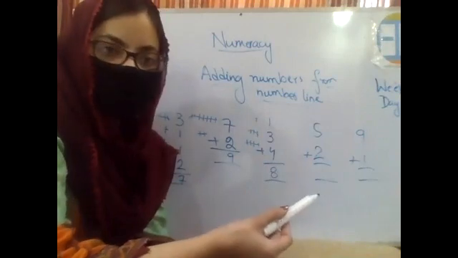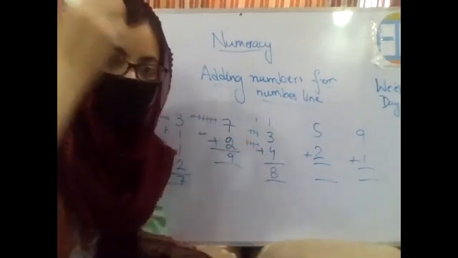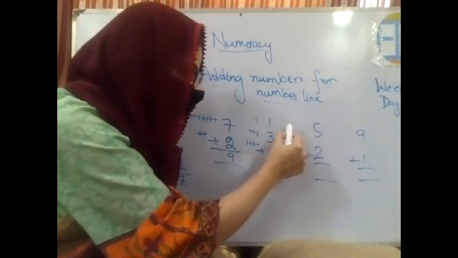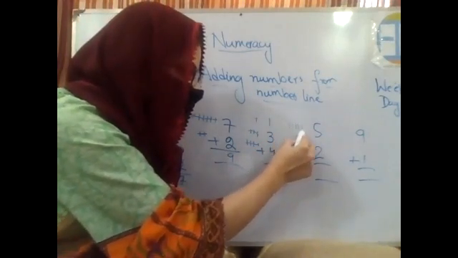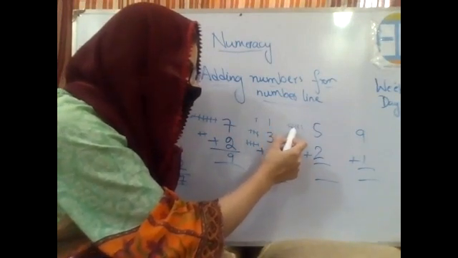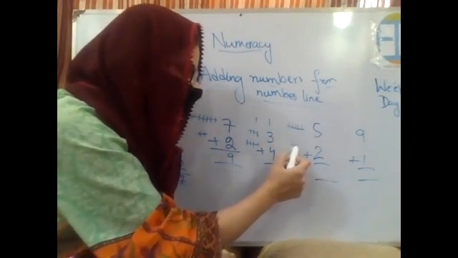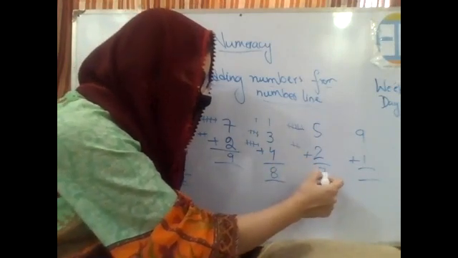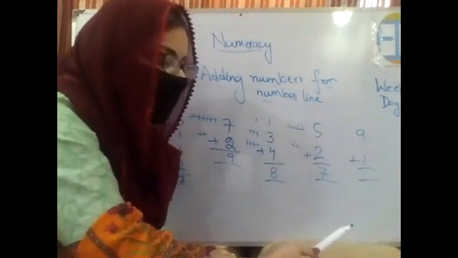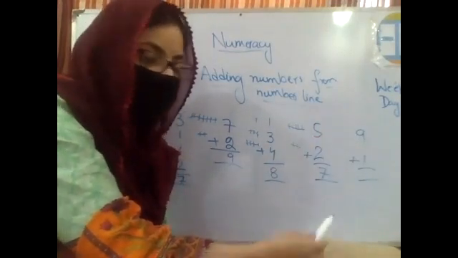Look at this one. Who is going to tell me the answer of this one? Okay, Ahmed will tell us. Yes, Ahmed. Let's draw the five lines over here. Five and then two. Let's start counting. 1, 2, 3, 4, 5, 6, and 7. Got it? Let's look at this one. How many lines should I draw at first? 9.